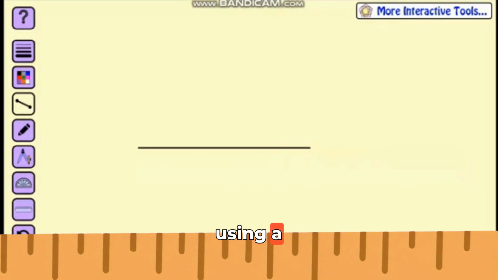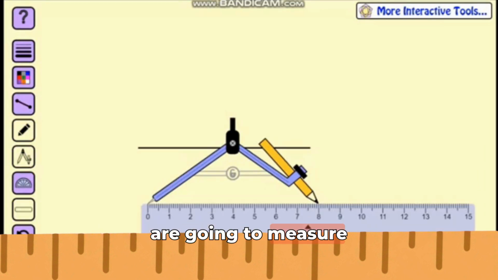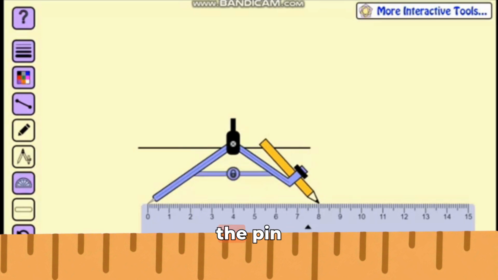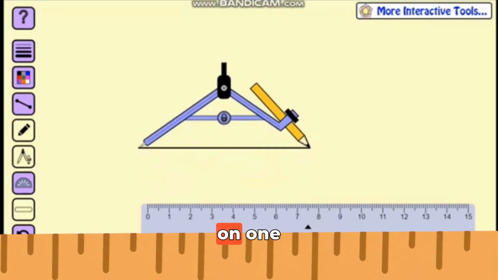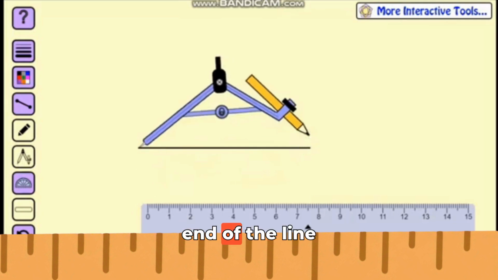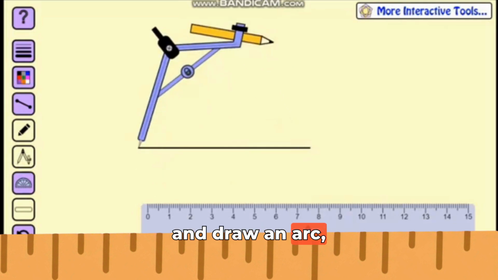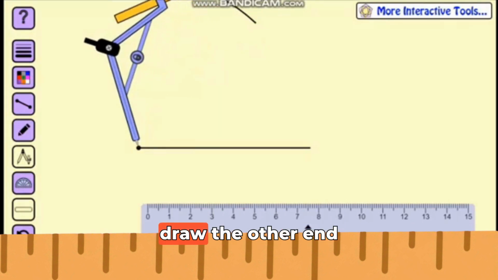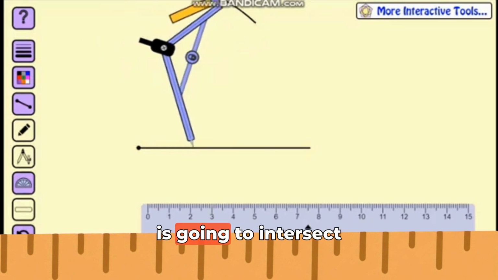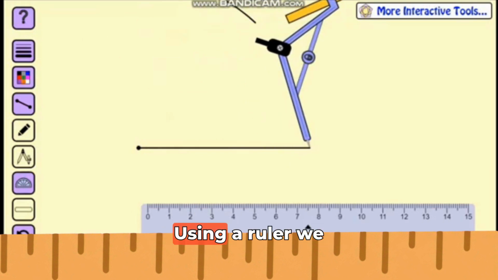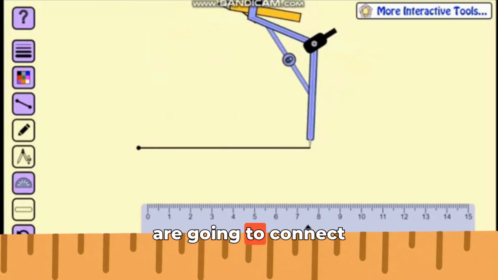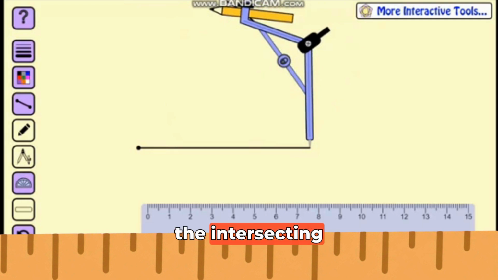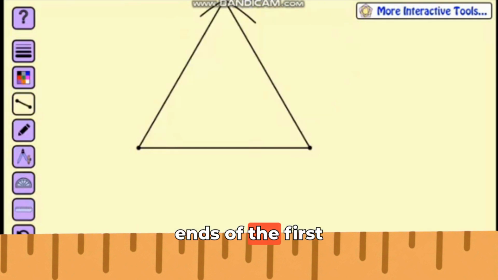Now, using a compass, we are going to measure 8 centimeters and place the pin on one end of the line and draw a small arc, and lift the compass, and on the other end draw another arc which is going to intersect with the previous one. Using a ruler, we are going to connect the intersecting point to the ends of the first line as follows.